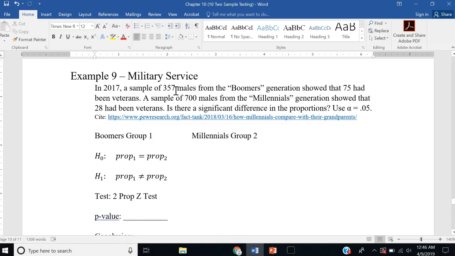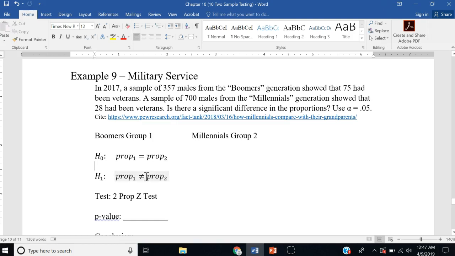I'm using the 357 and 75 for group 1 because I said the boomers were group 1. So x1 is 75, n1 is 357. Now x2 is going to be 28. 28 of the millennials had been veterans out of the 700 that they surveyed. So 28 is my x2, 700 is my n2.